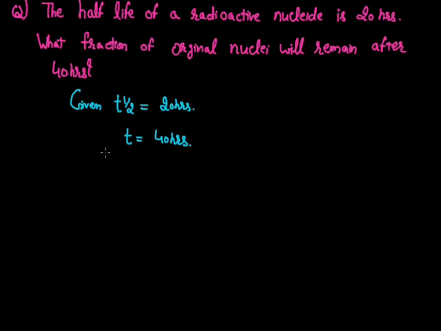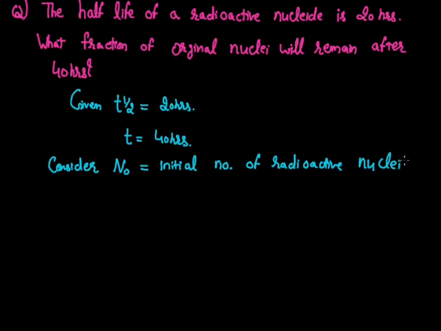Now they are not providing any information about the initial number of nuclei, so I am going to consider the initial number of nuclei as N0. This N0 represents the initial number of radioactive nuclei.